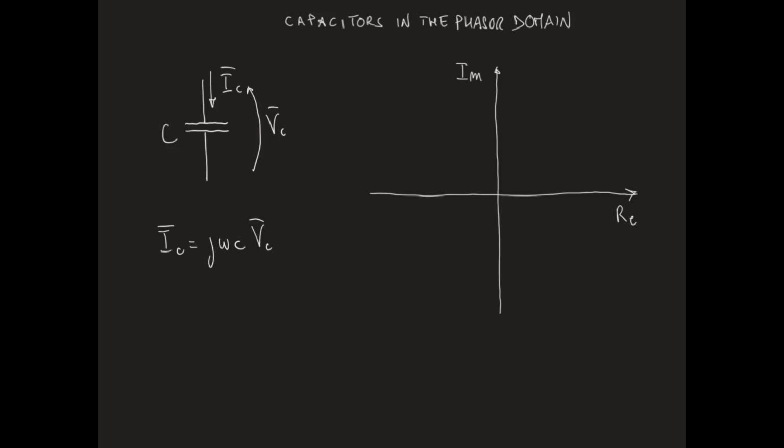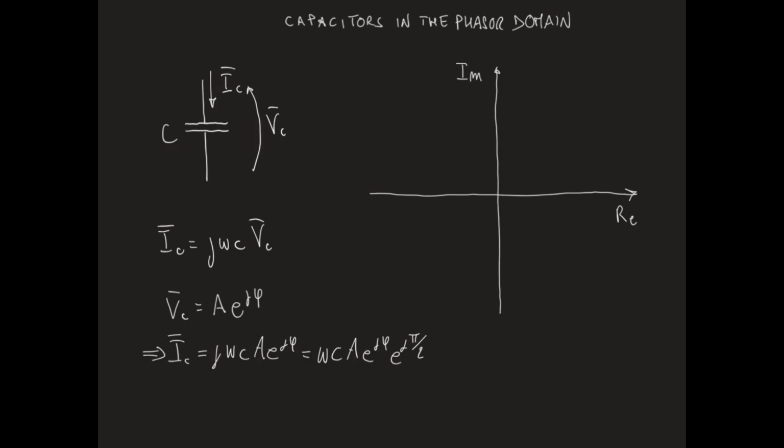Now suppose Vc, the voltage phasor across the capacitor, is given by A times e to the j phi. Then the current phasor IC will be equal to j omega C A e to the j phi, which is equal to omega C A e to the j phi e to the j pi divided by 2.